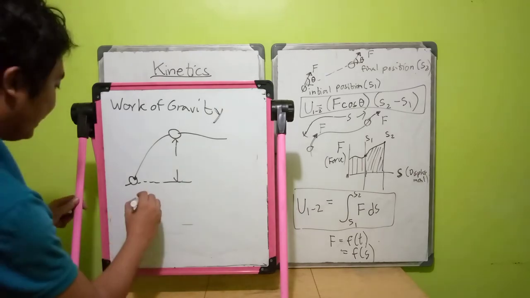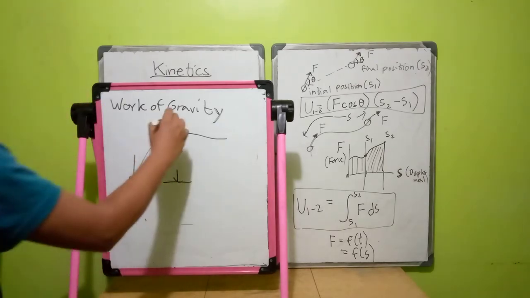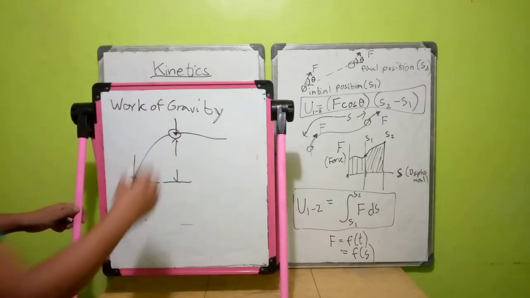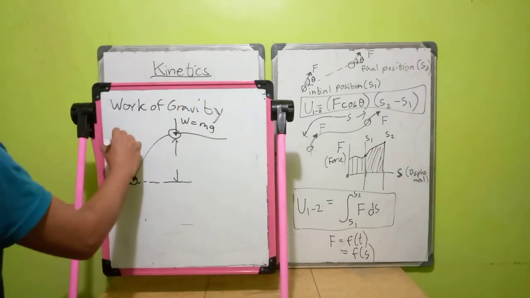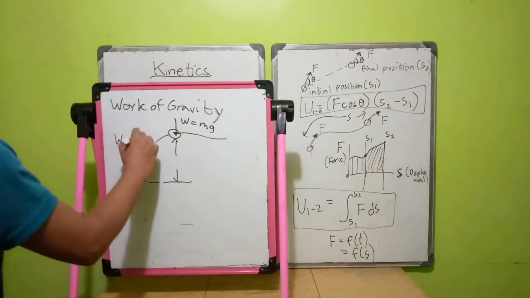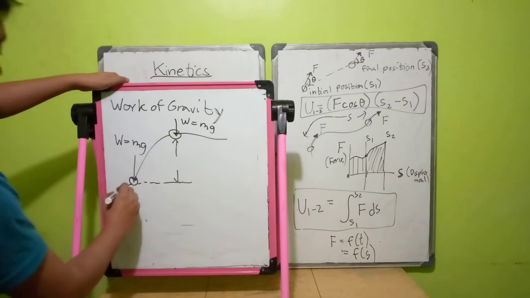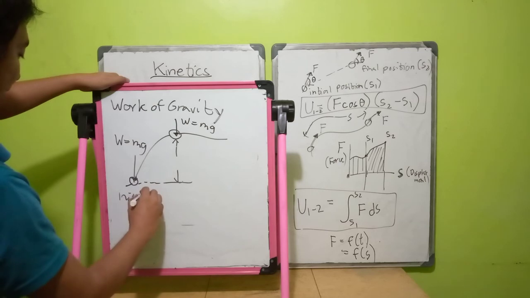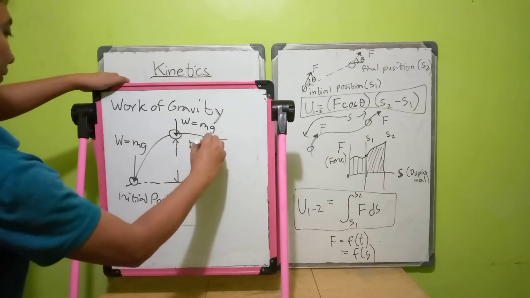Your work of gravity can be computed as follows. The force caused by the mass is equivalent to W, which is mass times g, or mass times the acceleration due to gravity. So this is the initial position, and this is your final position.